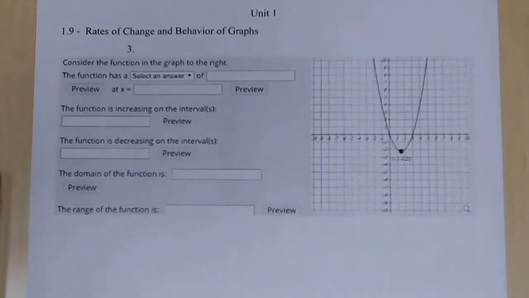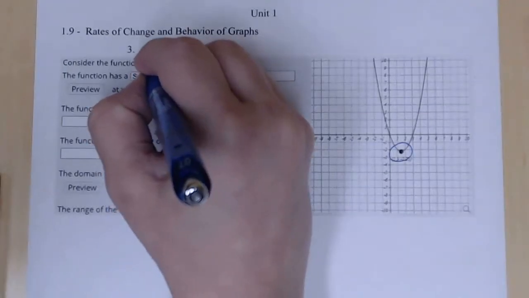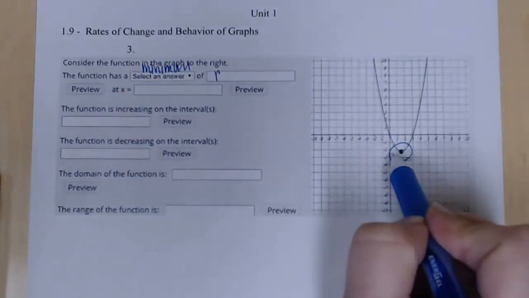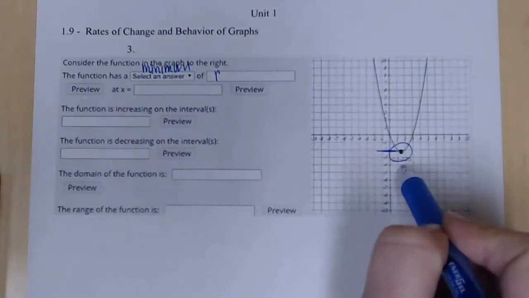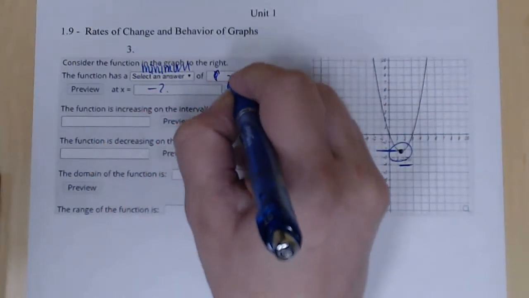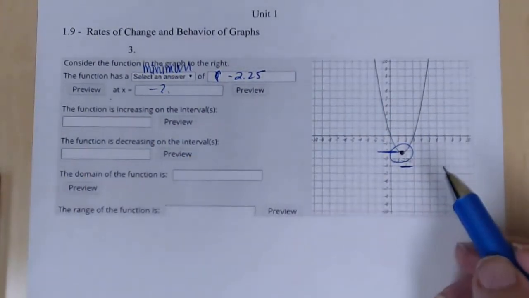The function has a, notice down here, minimum of, we're looking at y value, and it gave me the y value of negative 2.25 at, and it also gave me the x value there.